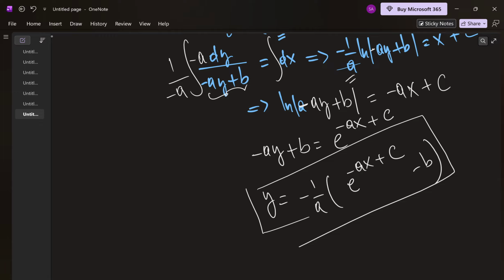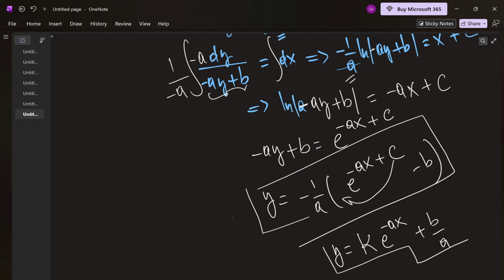Okay, now you could take this here, and the solution will become something like this, and distribute the a, so you will get a constant k exponential of minus ax plus b over a.